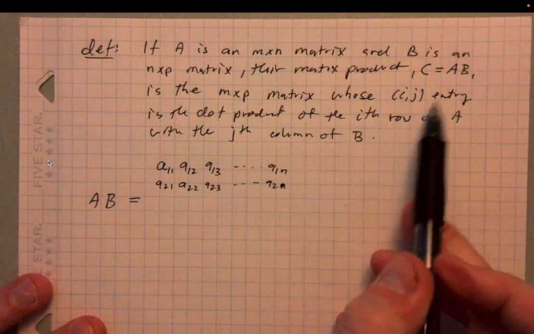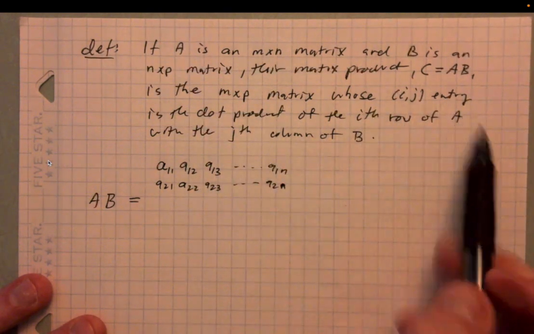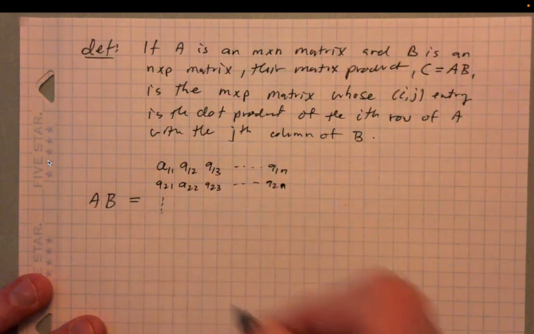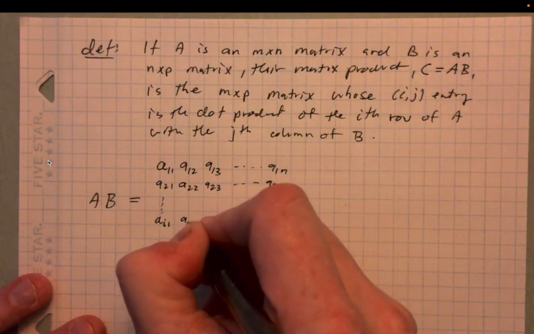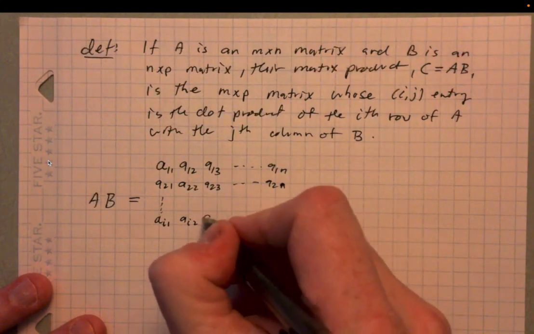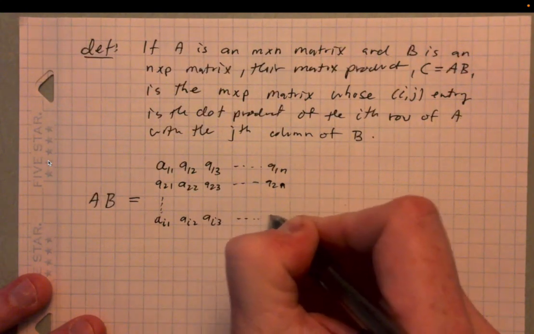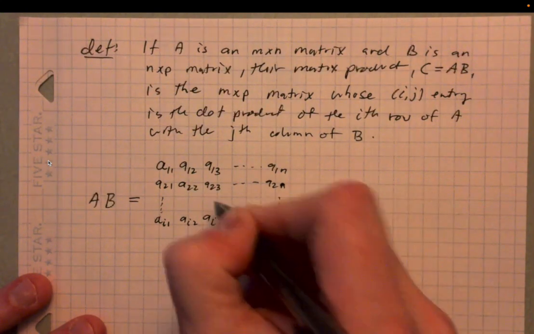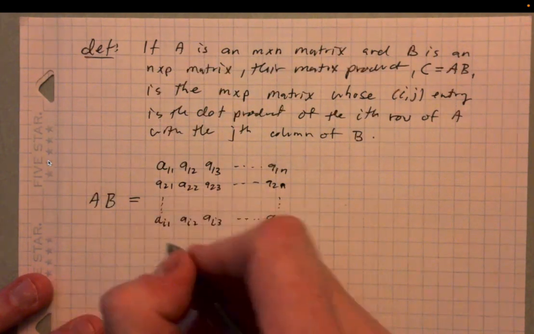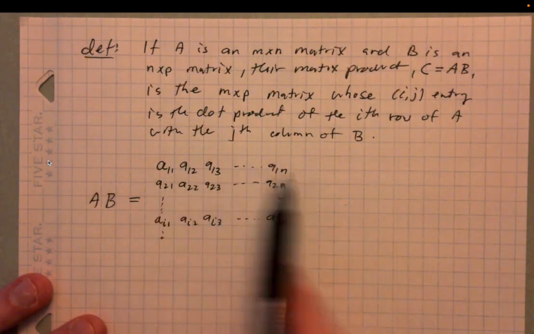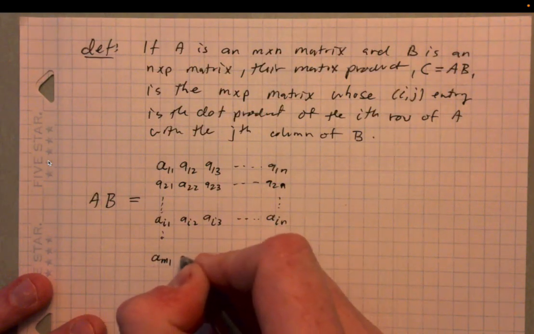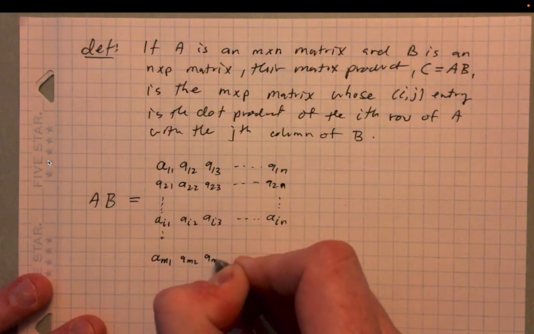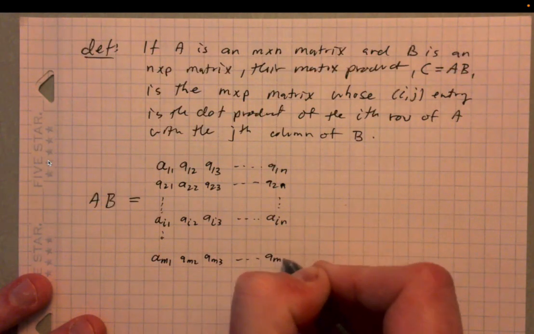Since it mentions the ith row of A, I'll put in the ith row for reference: Ai1, Ai2, Ai3, dot dot dot, Ain. This A is m by n, so I have my n columns and need m rows, so we go down to Am1, Am2, Am3, dot dot dot, Amn.